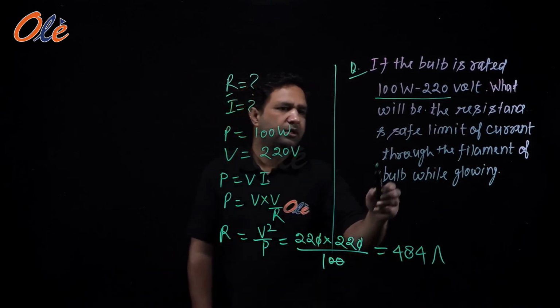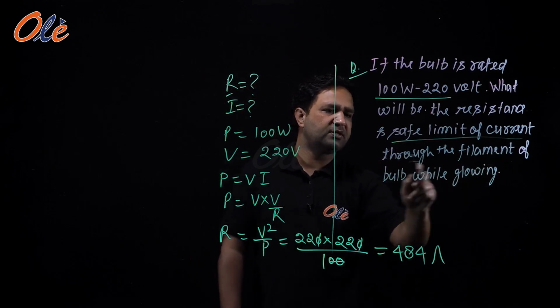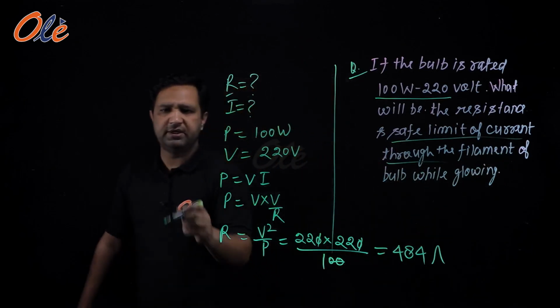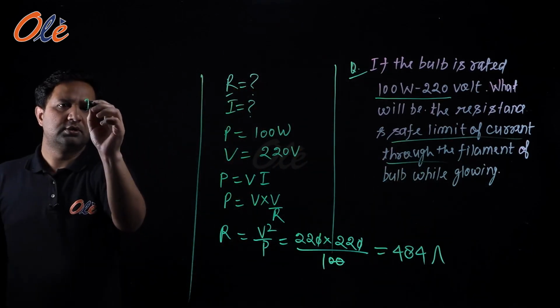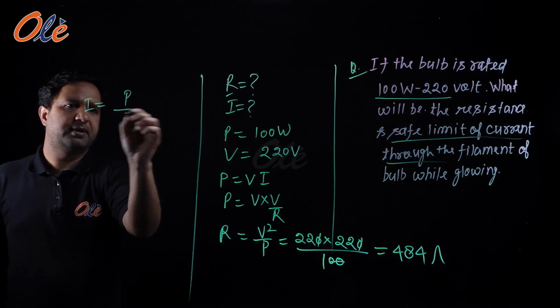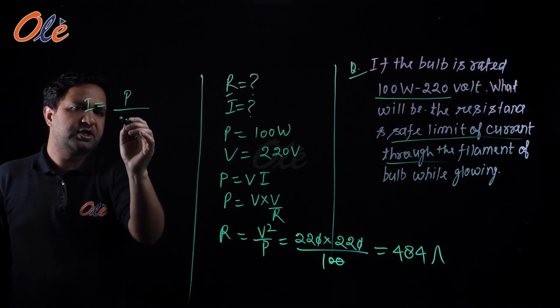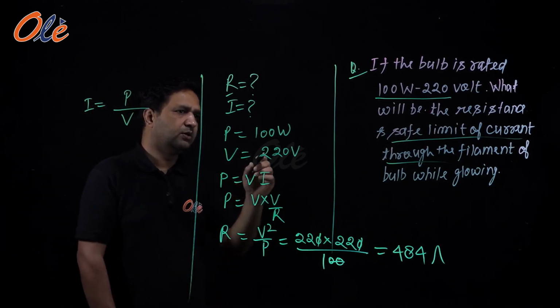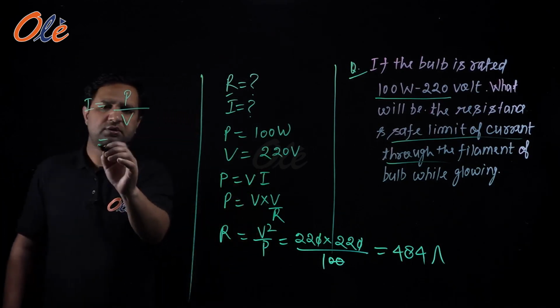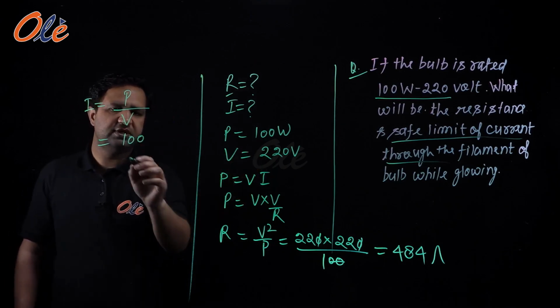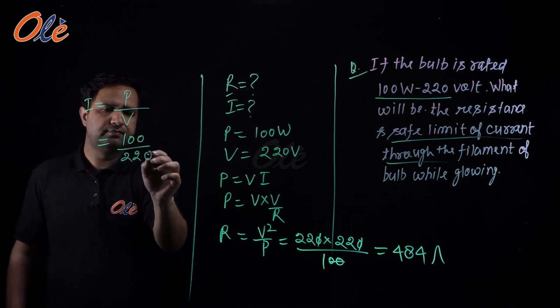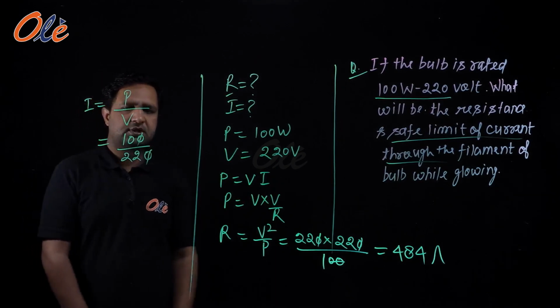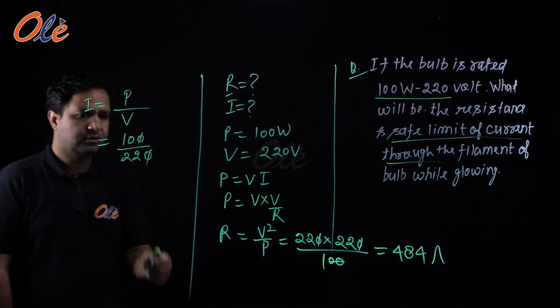Now it is asking what will be the safe limit of current. So I is equal to safe limit of power upon safe limit of potential difference or voltage V. I is equal to P upon V. P is given 100 watt and V is 220. How much will it come? Can you calculate?